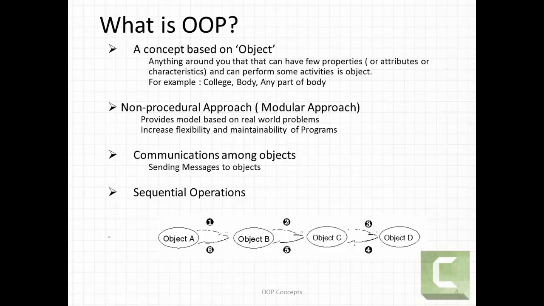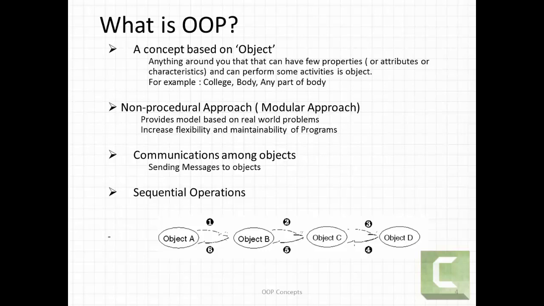Object A sends message 1 to object B, B sends message 2 to object C, object C sends message 3 to object D, D returns message 4 to C, C returns message 5 to B, and B returns message 6 to object A. So you can see that a certain communication is happening to make this flow work.